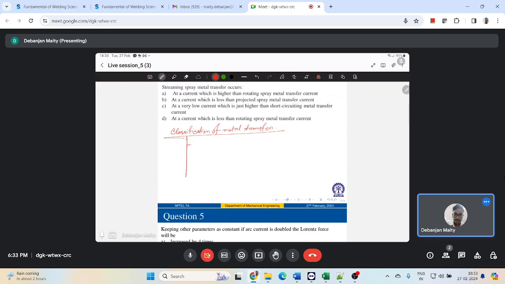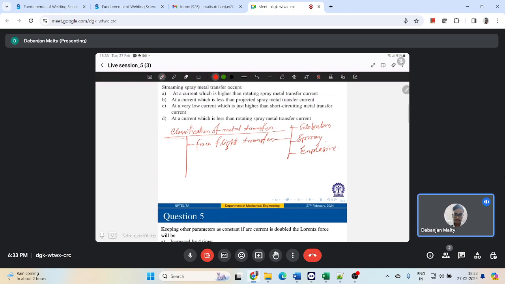So we have free flight transfer. In free flight transfer, you have globular metal transfer, then spray metal transfer, and explosive one.